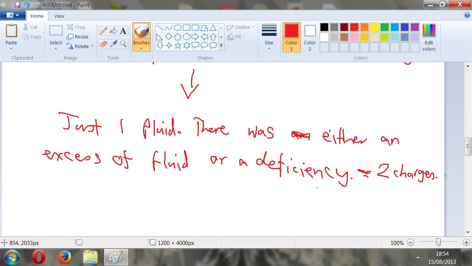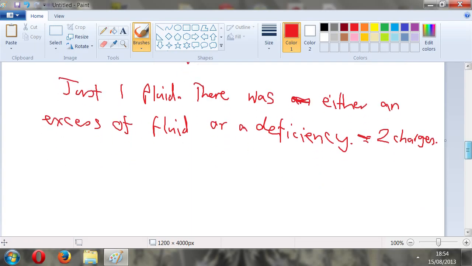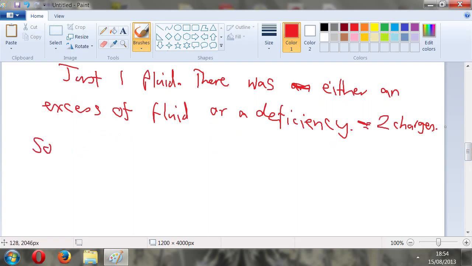So, for instance, let's look at the wax and the wool cloth, right? For wax and wool cloth, why is the attraction there when you rub these together? Well, the idea is that, how's the best way to explain this?